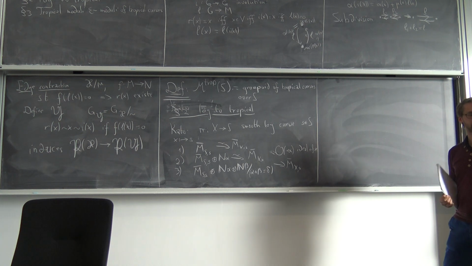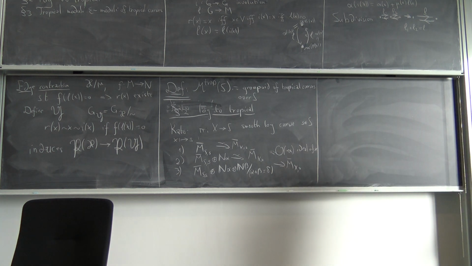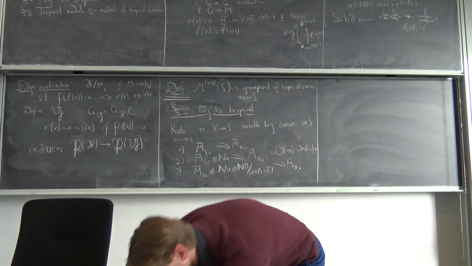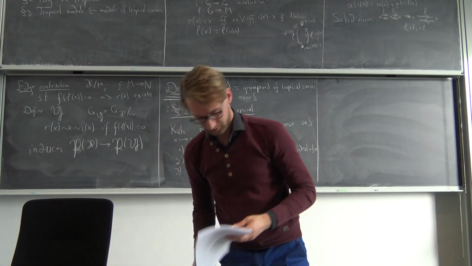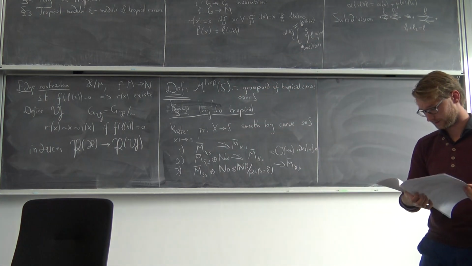Alpha is in the groupification of M_X bar, but it doesn't lie in the image of M_S bar. I'm pretty sure it should be. I'm only copying what they wrote, so we can check this.